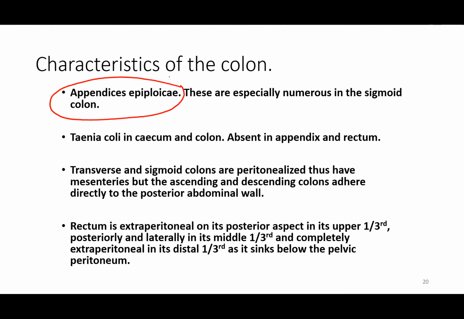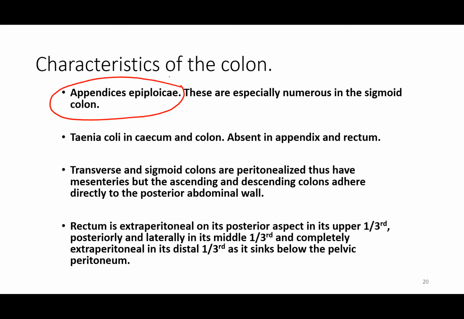They are nothing but condensation of the longitudinal muscles of the large intestine that all unite at the base of the appendix. So if you are doing an appendectomy and you have difficulty in locating the appendix, what you just do, you trace the taeniae coli.